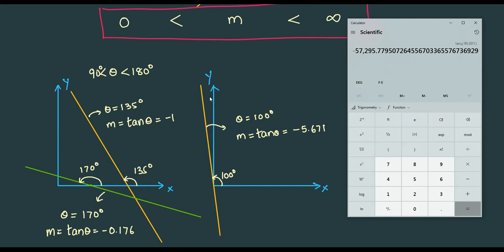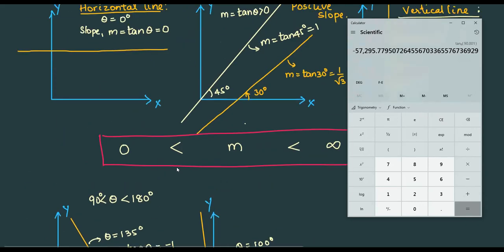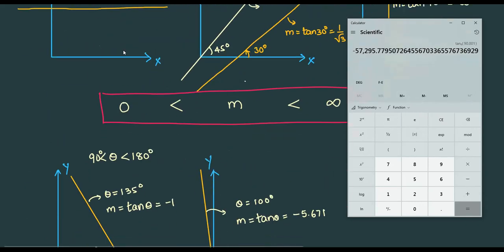Slope is close to minus infinity. And then, as the inclination changes, the slope goes to 0. So these are cases of negative slopes.